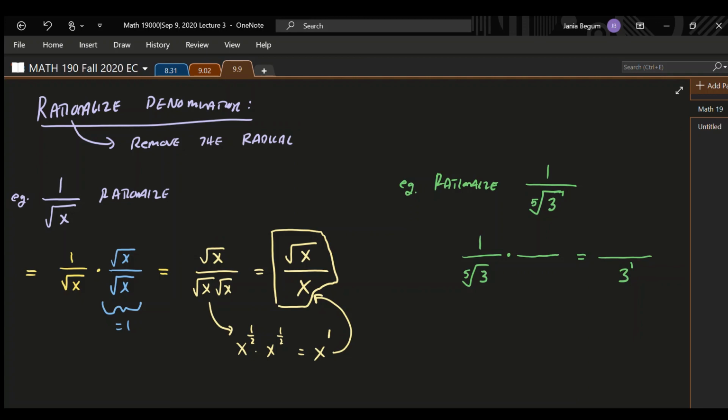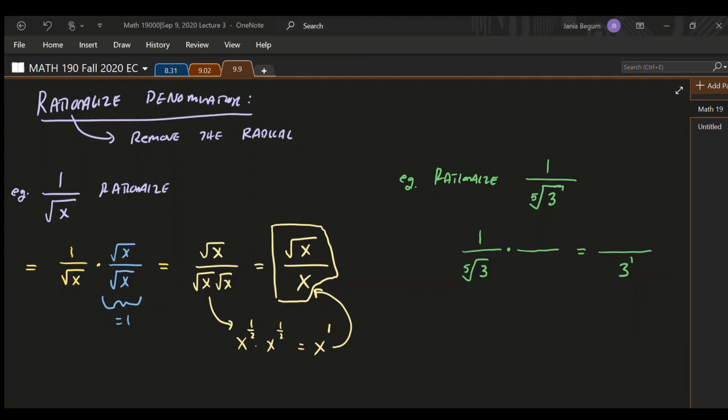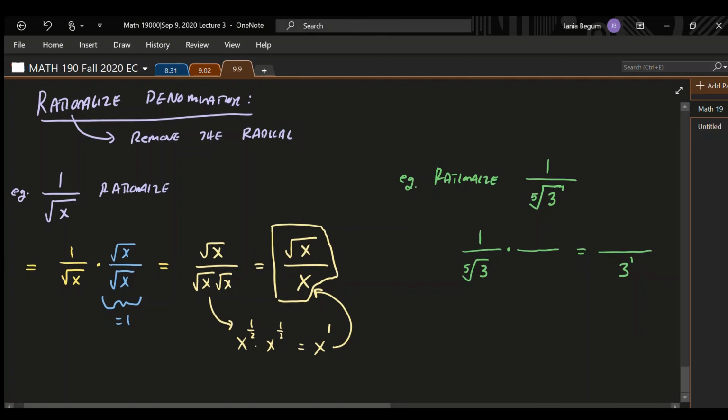What do you guys think? What is that magical number? One over five, 5 over 1. Be more specific, I'm not sure. Right, so this is 3 to the 1/5, right?